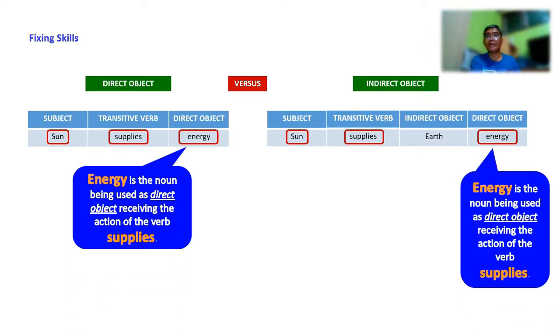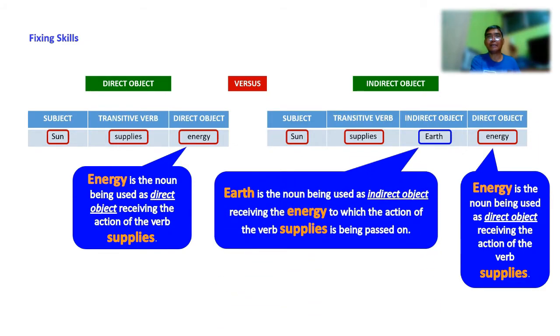The only difference of the sentence at your right side from the sentence at your left side is that the sentence at your right side has indirect object earth, and this indirect object receives the energy to which the action of the transitive verb supplies is acted upon.